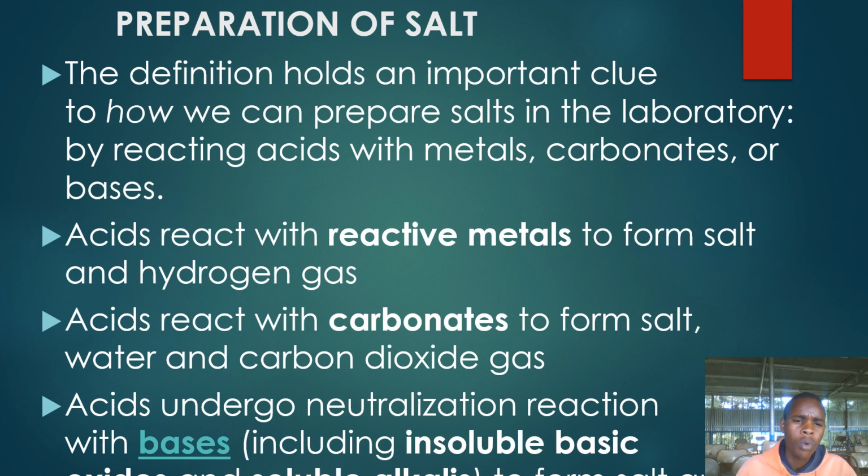For example, reaction of iron and sulfur to form iron-2 sulfide. Iron is a metal, sulfur is a non-metal. So this method is called direct synthesis. Other examples: when you react sodium and chlorine, it forms sodium chloride, which is a salt.